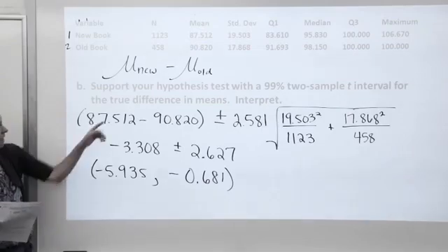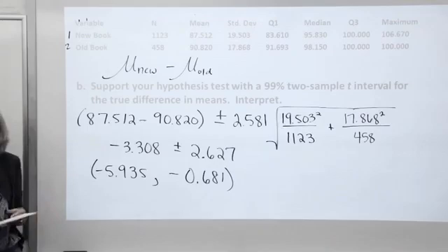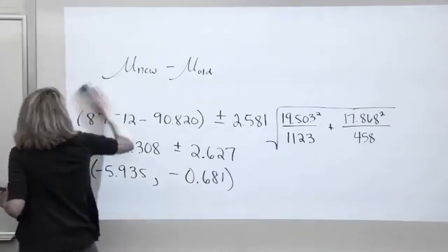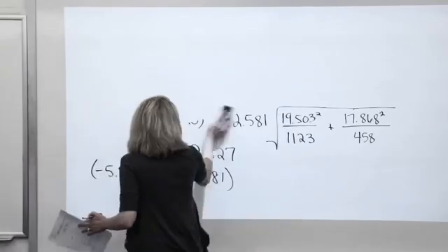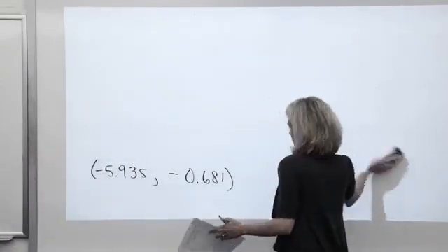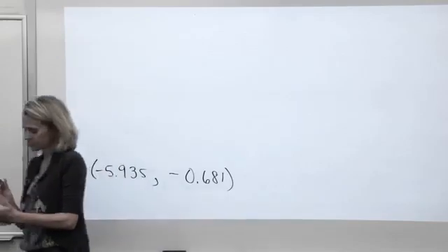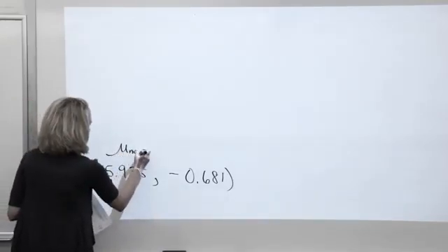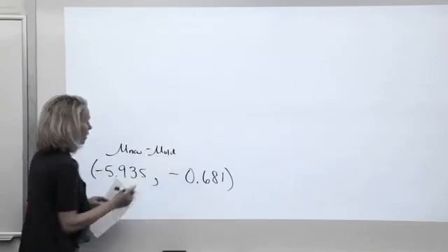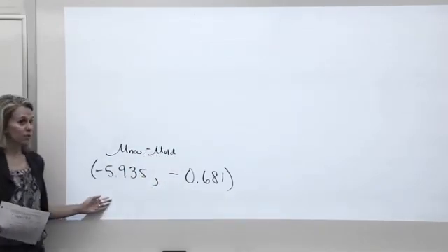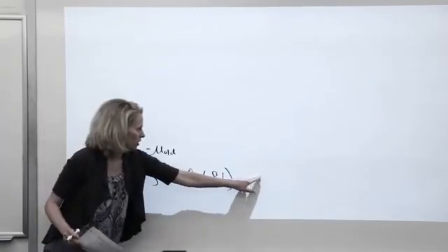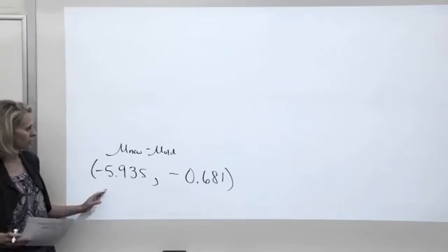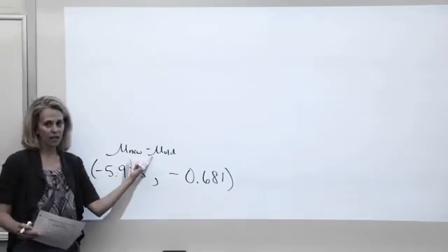I think I have a clean slide that I'm going to use to go ahead and interpret that interval. And again, just keep in mind this was new minus old. Look at that interval. 0 is not in that interval, right? 0 is over here. This whole entire interval is negative. Since the whole entire interval is negative, think about when you get a negative difference.